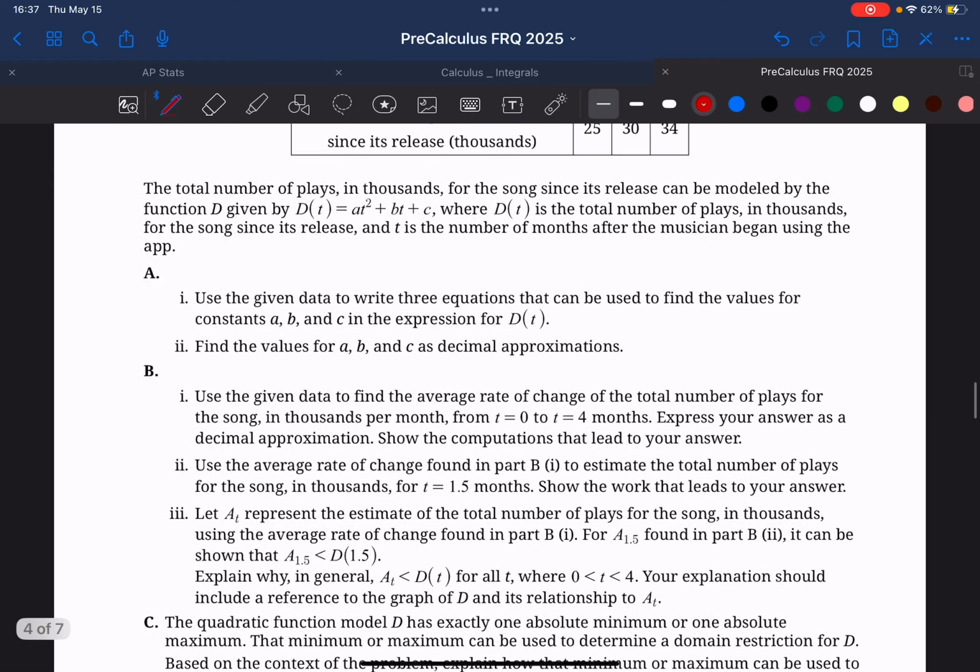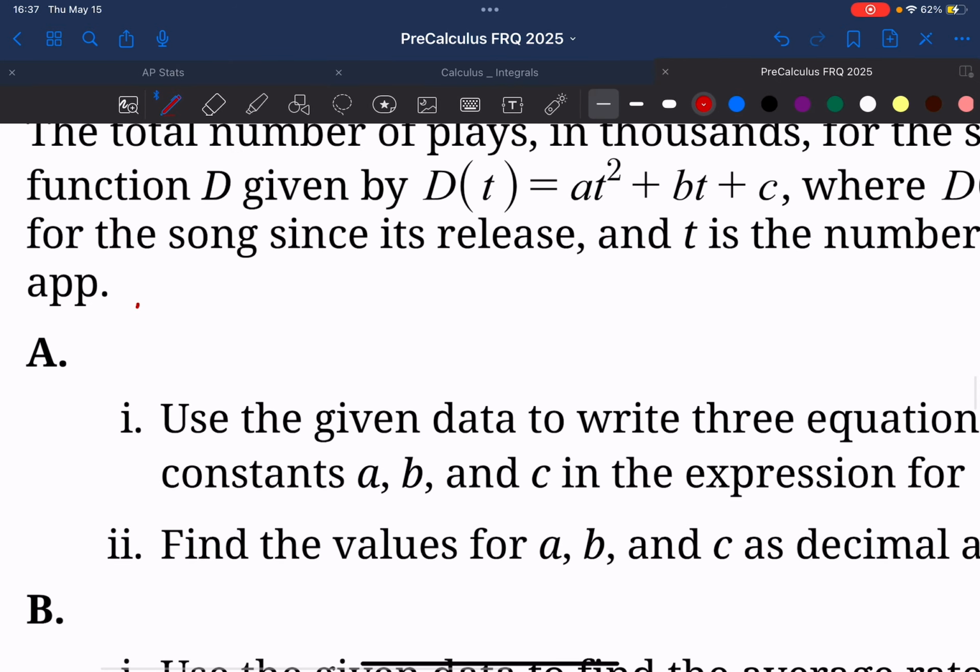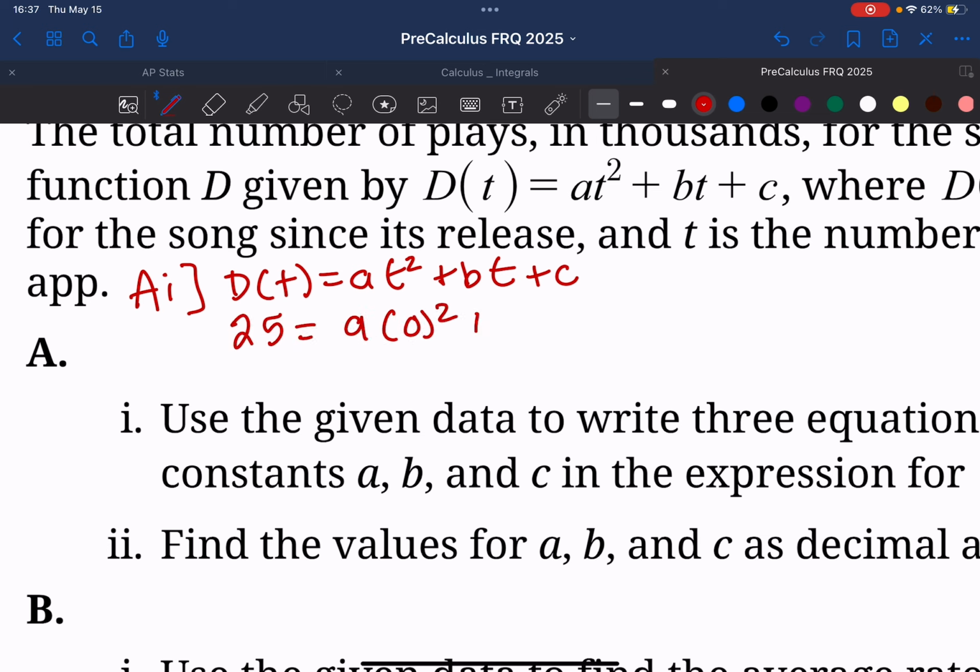So right here for part A, part 1, we know that D of t is equal to a t squared plus bt plus c, and on the table we're given essentially 3 points that we can plug in to find the 3 different equations. The first one would be 25 is equal to a times 0 squared plus b times 0 plus c, which means c is equal to 25.